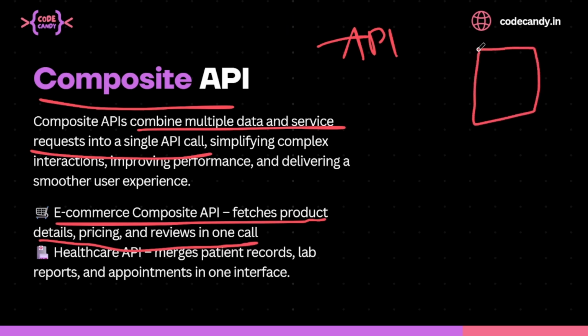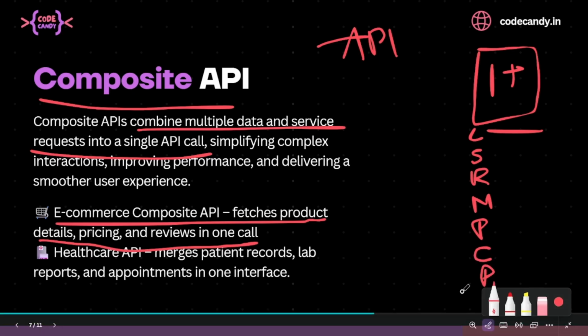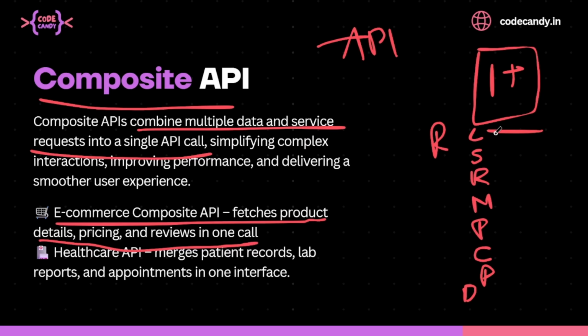Suppose I have a OnePlus phone. Now I want to get the OnePlus color, size, RAM, model, processor details, camera quality details, price, discount offer, and reviews.